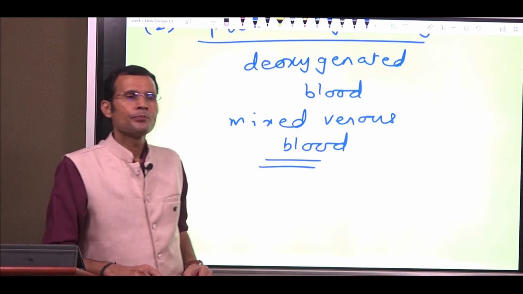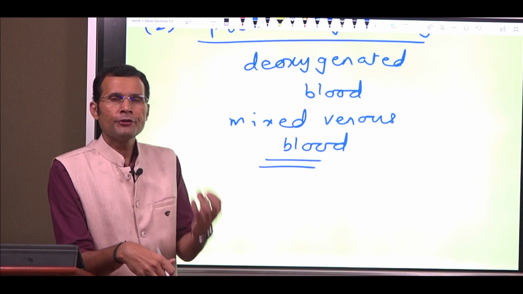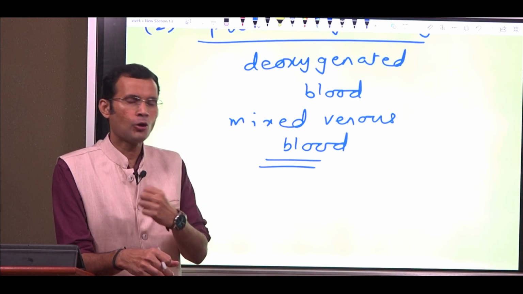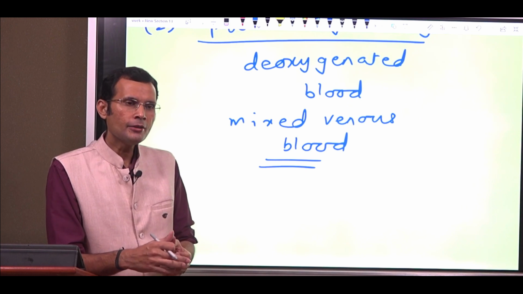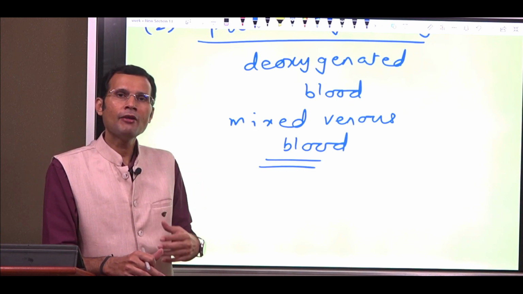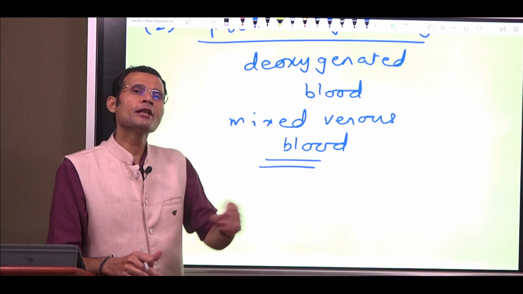For instance, suppose we are talking about the kidney. If the kidney consumes less oxygen, extracts less oxygen normally, then the renal vein coming back from the kidney will have relatively more oxygen and then it drains into the inferior vena cava.